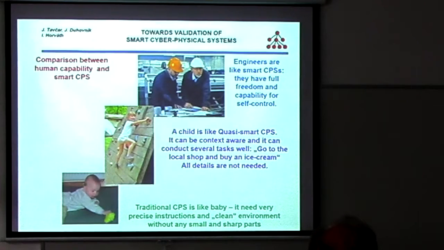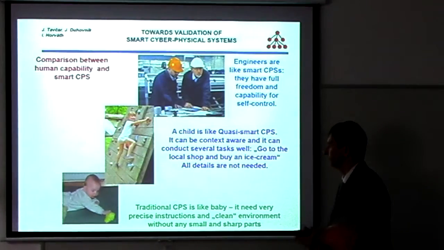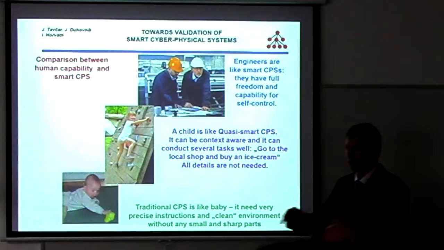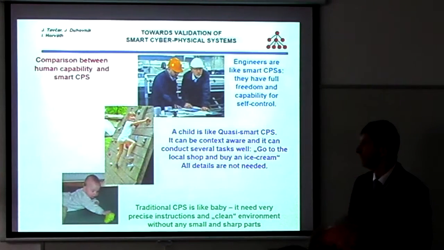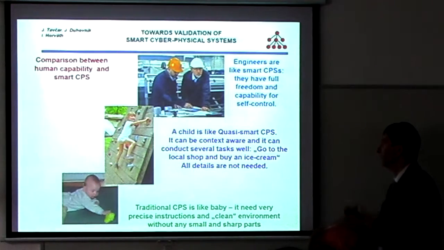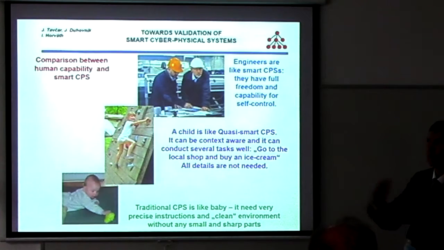Maybe a simple comparison to explain it again. A baby is like a traditional system. We should be very careful how it operates, that all conditions around are fulfilled. A child is like a quasi-smart system. It can conduct several tasks well, go to the local shop and buy ice cream, so we don't need to give all instructions.